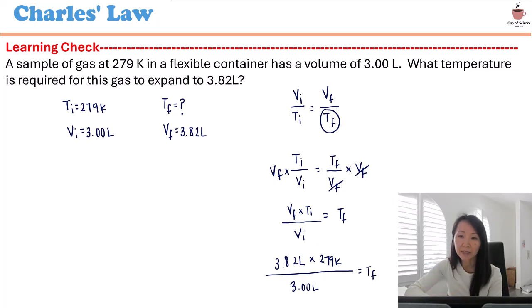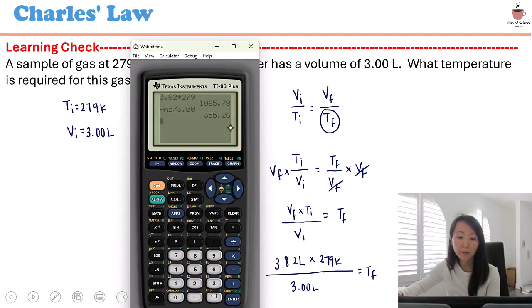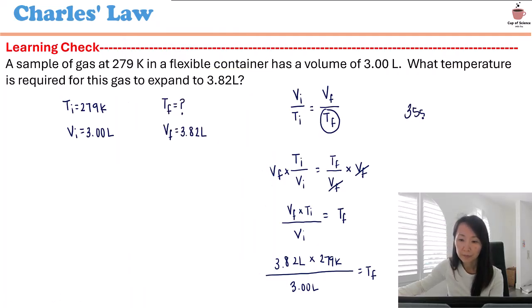All right, let's calculate this out. 3.82 times 279. Hit enter and then divide it by 3.00. And I get 355.26 Kelvin as my T final. I like to keep it consistent in 3 sig figs, so reduce it to 355 Kelvin as my T final.